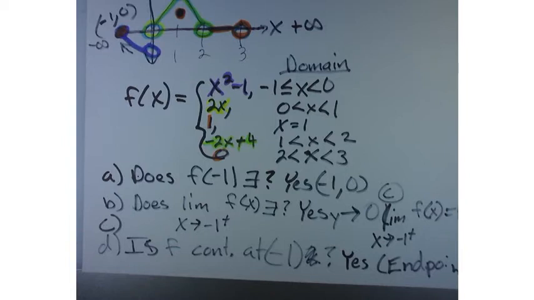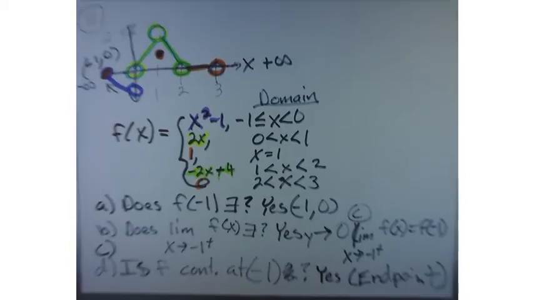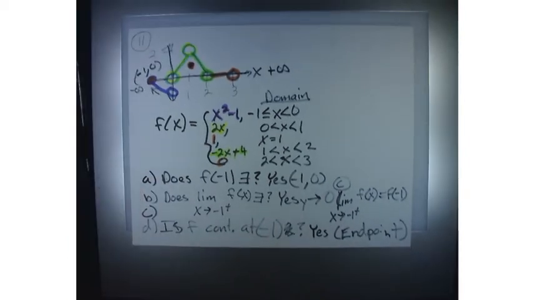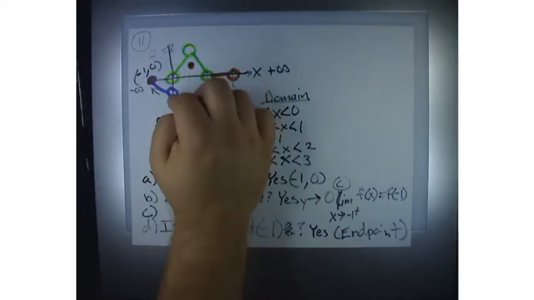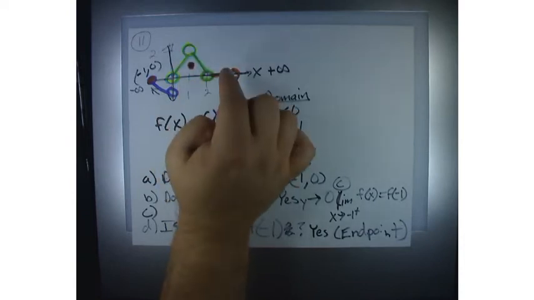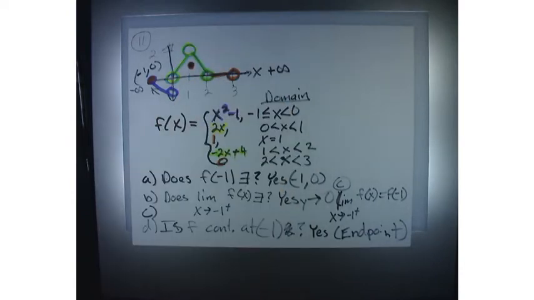For any other type of continuity, in questions 12 and I think all the way through 18, we'll ask you about continuity. Like it'll say, is it continuous here? Is it continuous here? And there we have to consider the limit as it approaches from the two sides. So what is continuity? First and foremost, it has to have x in the domain, so whatever value we're looking at for x has to be part of the domain. Next, is it defined?